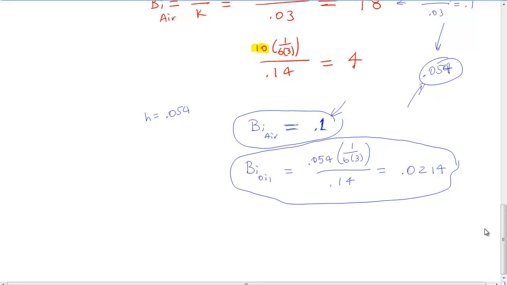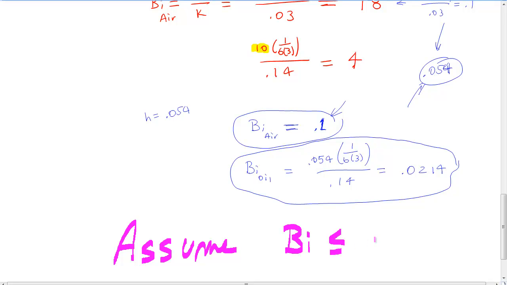However, in our case, in our lab, we're going to operate under a global assumption. We're going to assume that the Biot number is less than 0.1.